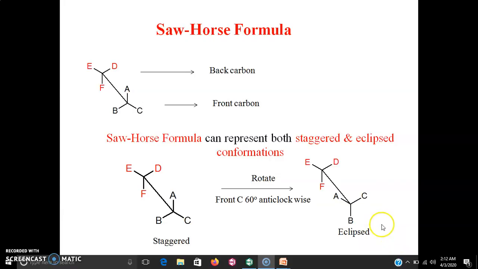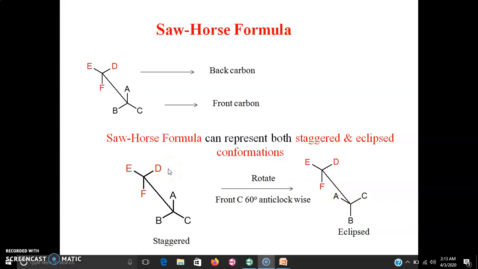When we observe the molecule from this position, you cannot see the rear groups because they are in an overlapped state, in closest proximity. That leads to more repulsion and less stability. So this is the less stable conformation.